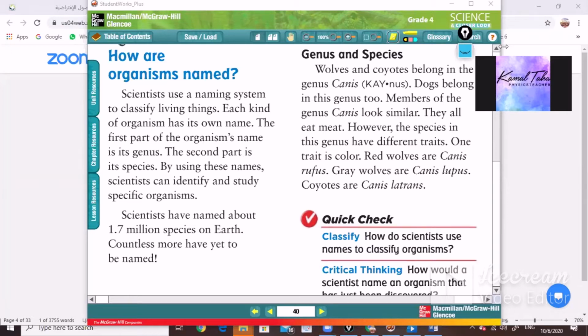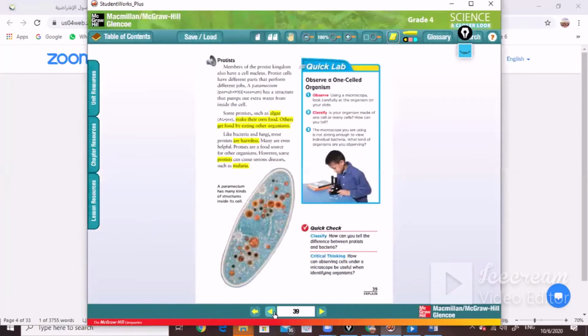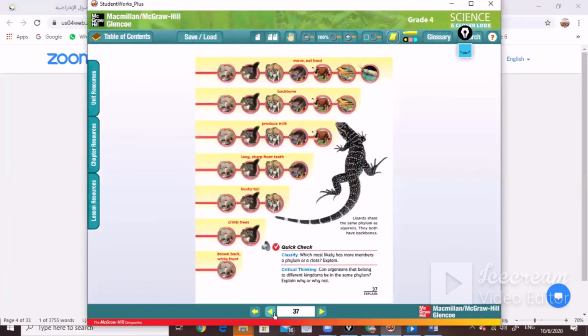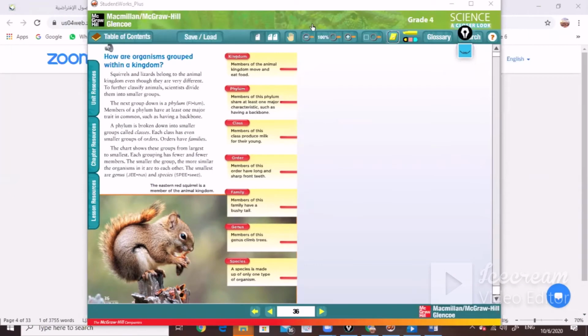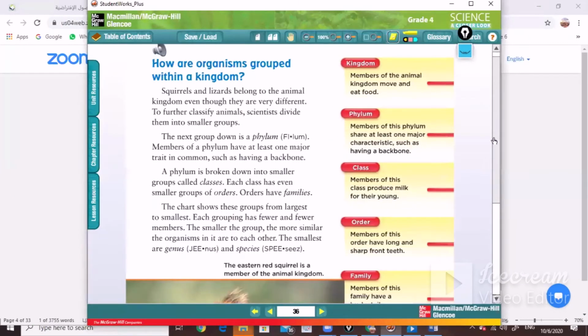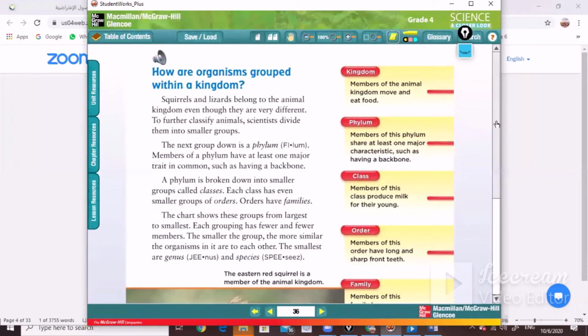Okay, guys, now let's make a revision about the six kingdoms level to understand more about that. If you remember, on page 36, this is the level to classify organisms.